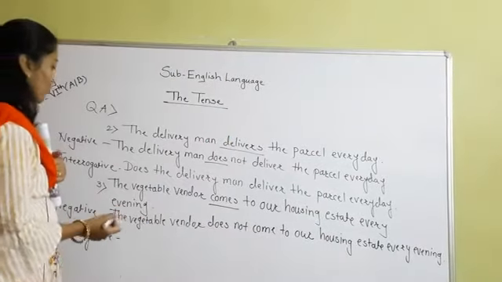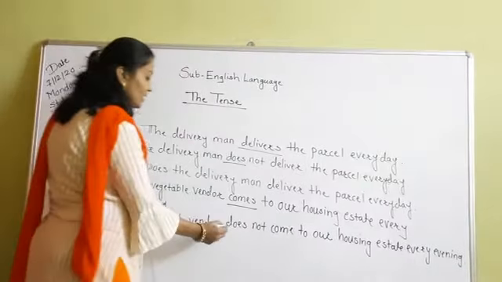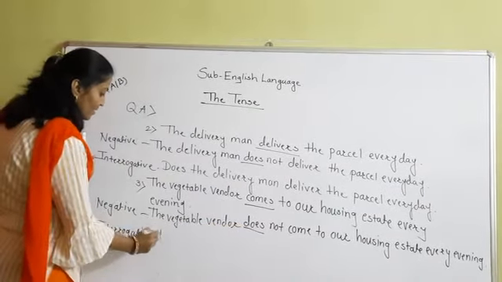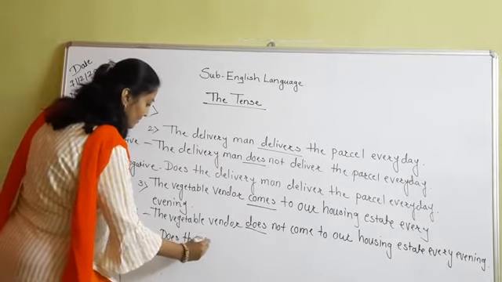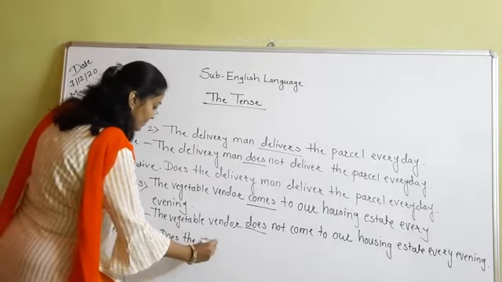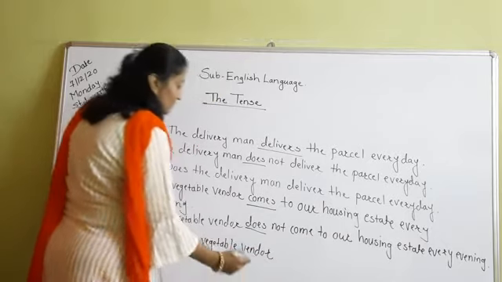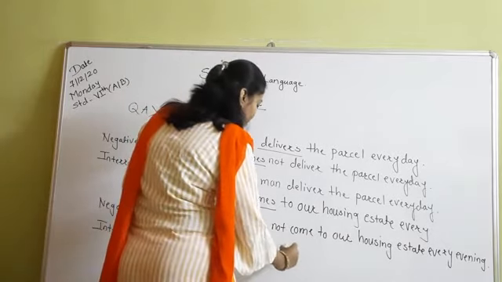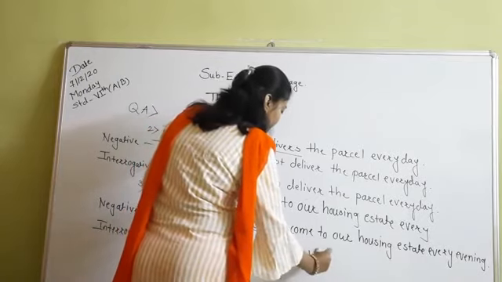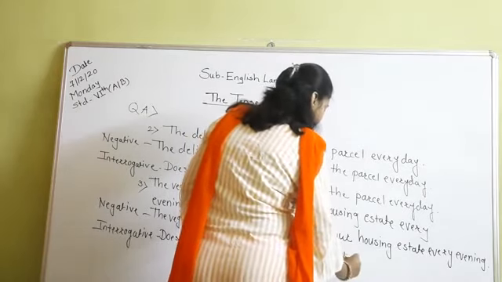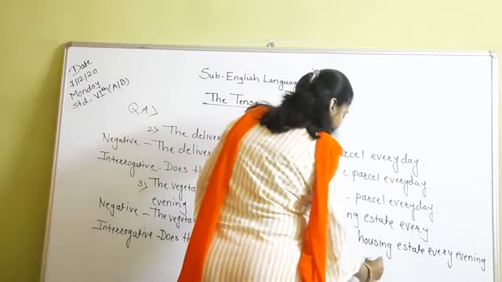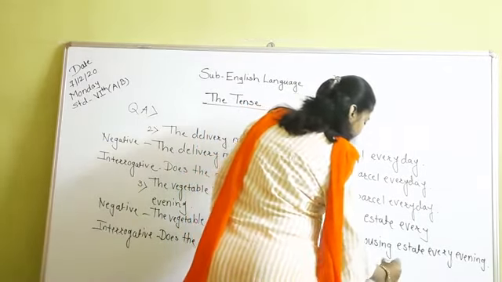And to make the interrogative sentence, we have to use this auxiliary in the starting. Does the vegetable vendor come to our housing estate every evening?